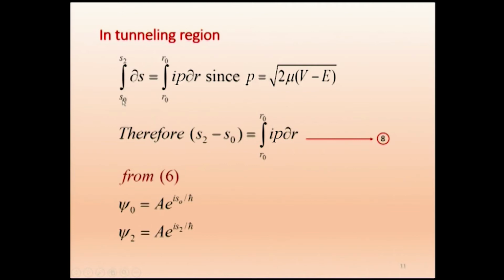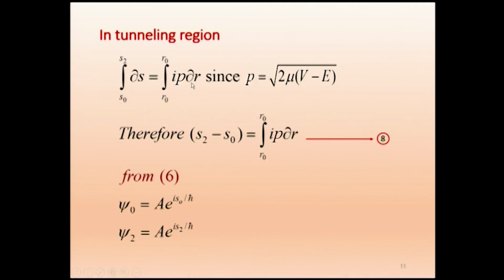So there we are writing dou s as S0 to S2 for the lower limit and upper limit, and for the variable r, it is R0 to R2, with the integrand i P dou r.